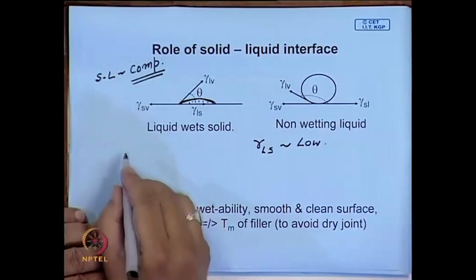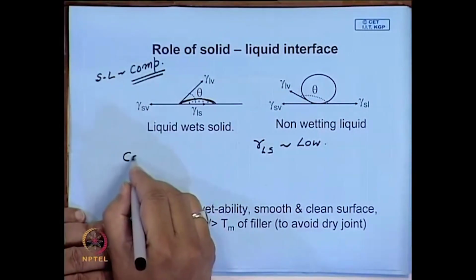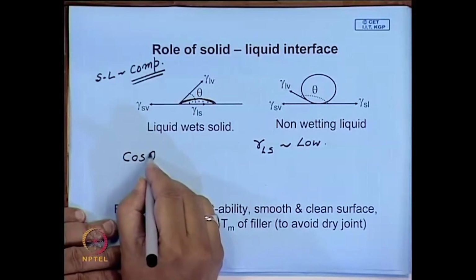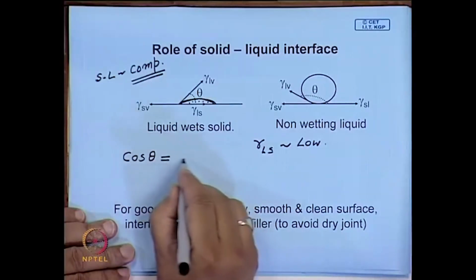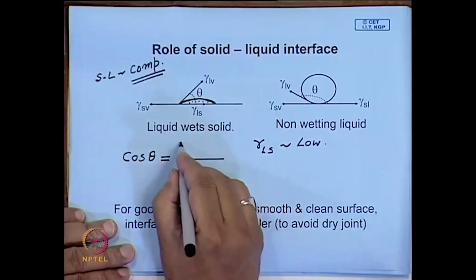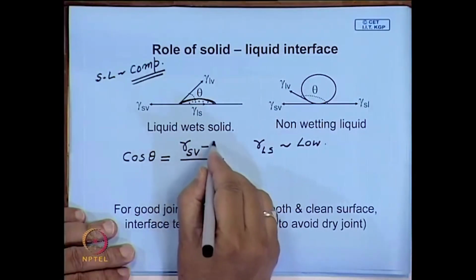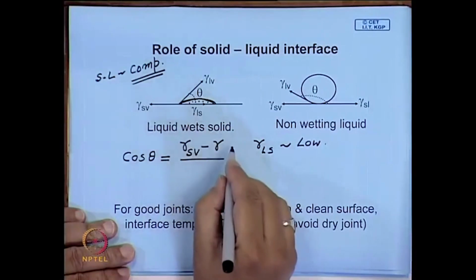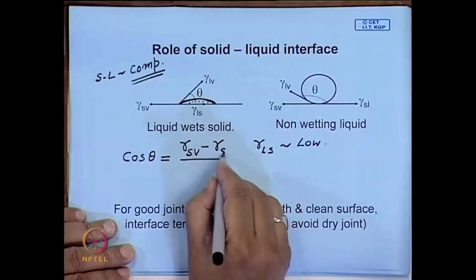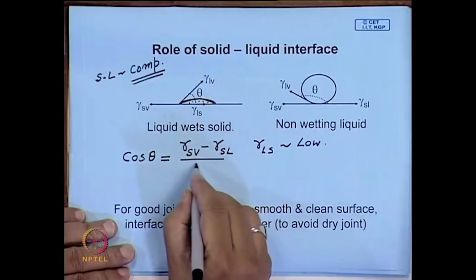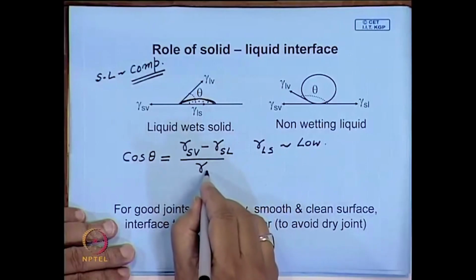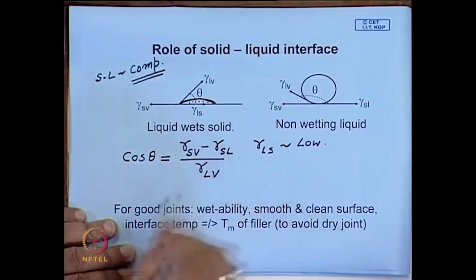If you look at the expression for cos theta, which is gamma S V minus gamma solid liquid over gamma liquid vapor.